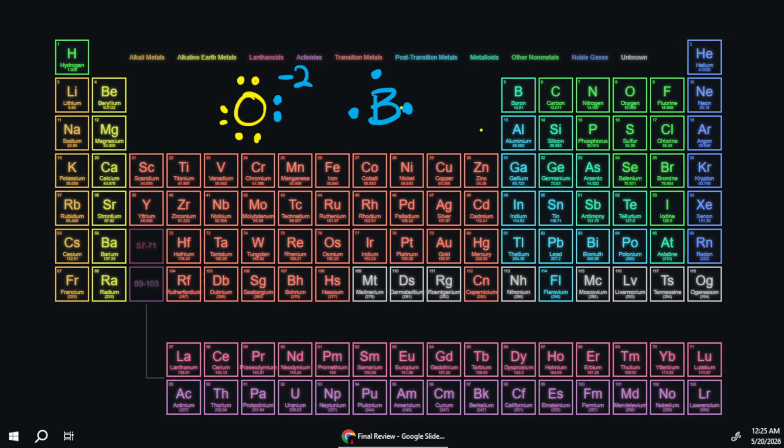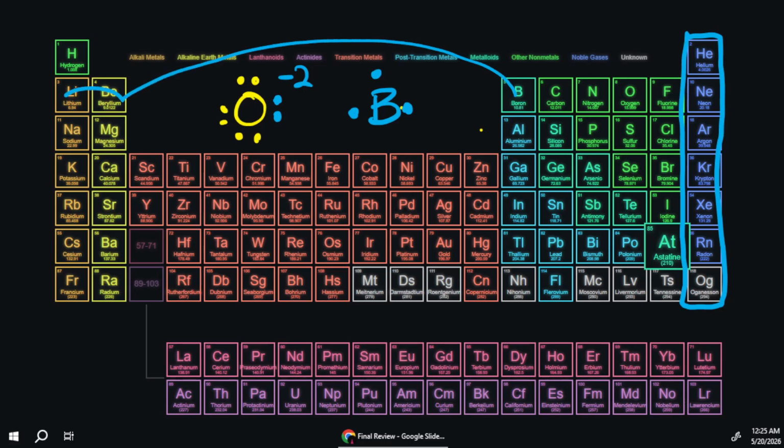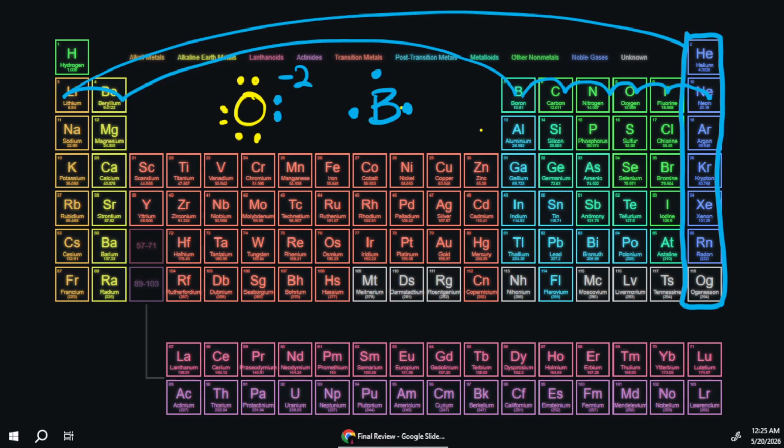So their goal is to land on the noble gas part. Okay, so it's just which way is faster. So for boron to lose, it will go 1, 2, 3 steps. To gain, it will have to go 1, 2, 3, 4, 5 steps. So again, the shorter way is the best way. So instead of gaining 5 more, it would prefer to lose those 3.